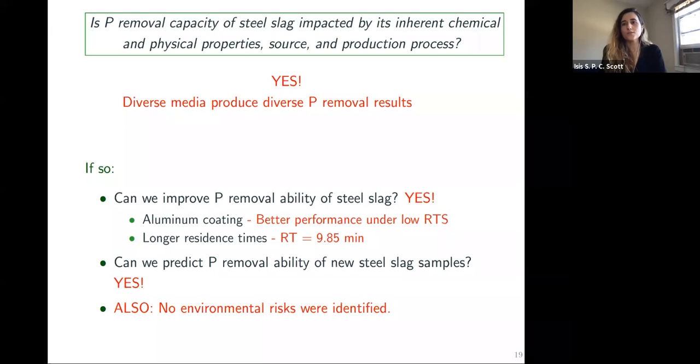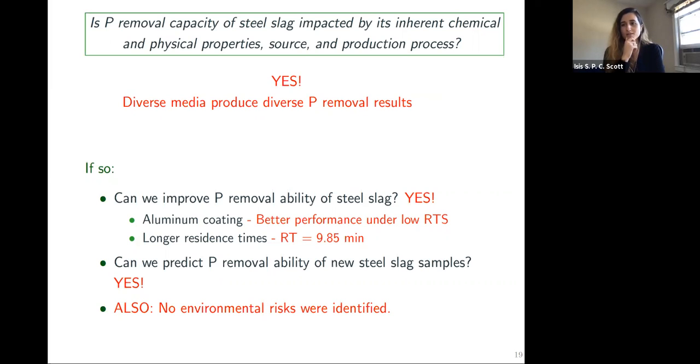Yeah, we can do that, but I wouldn't recommend it. We found that finer particles are difficult to work with because they will interfere with the hydraulic conductivity of the structure, as well as cause clogging of the pipes.